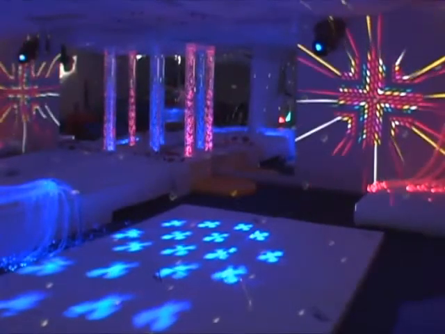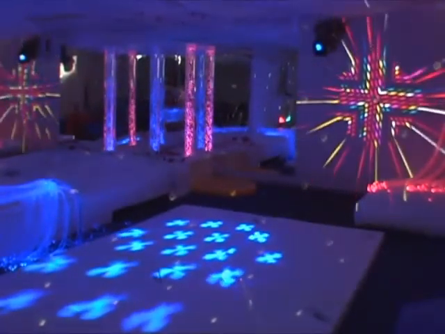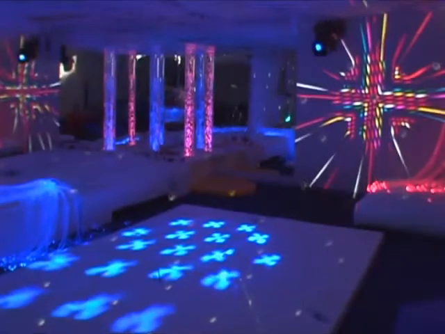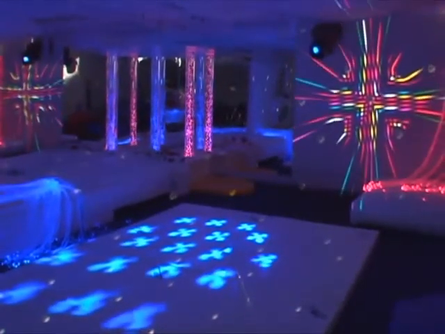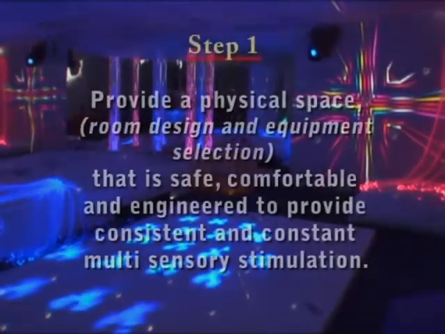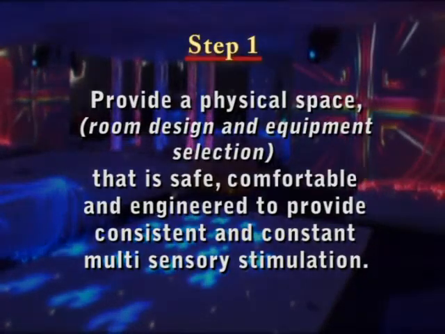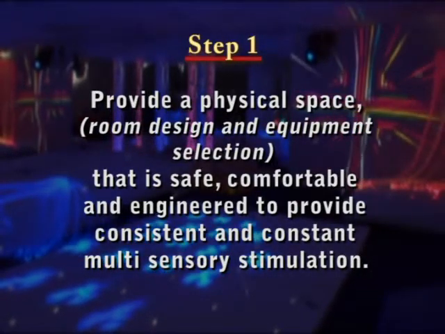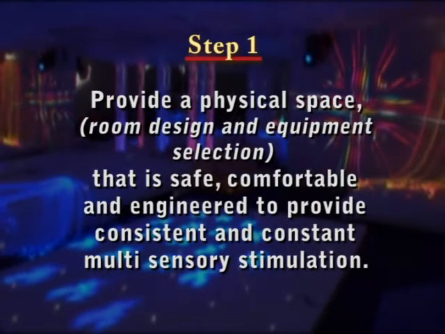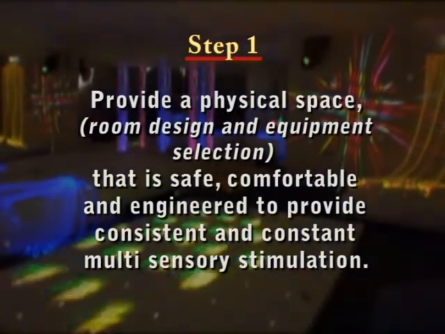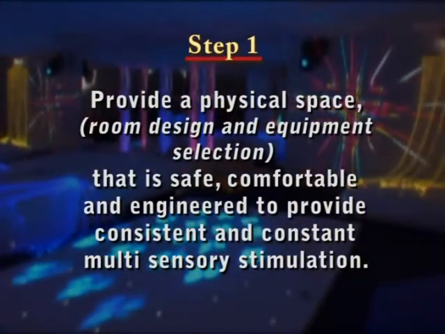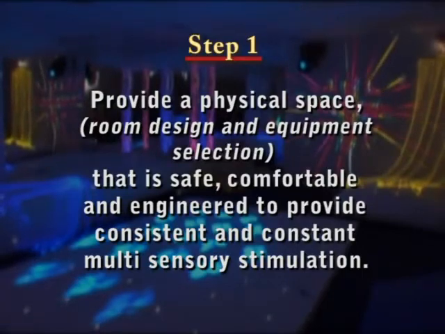Based on the theoretical framework, the delivery model of an engineered multi-sensory environment consists of three hierarchical steps. The first step is to provide a physical space, room design and equipment selection that is safe, comfortable, and engineered to provide consistent and constant multi-sensory stimulation.